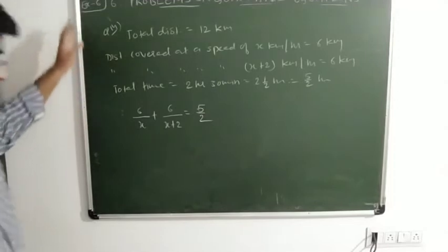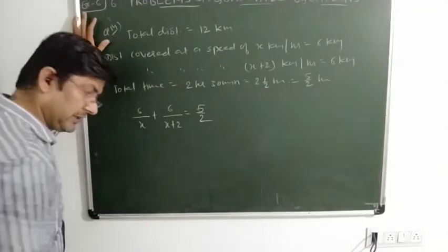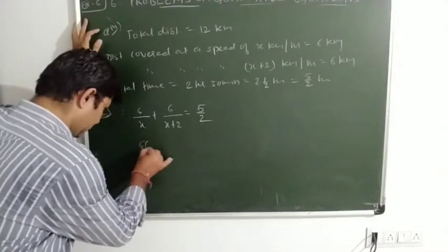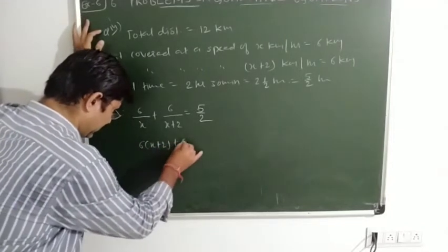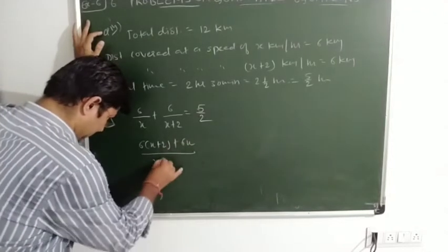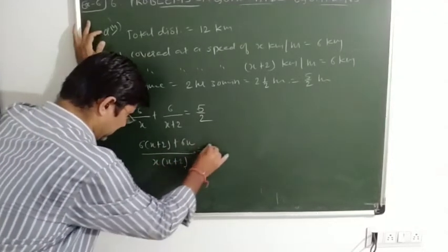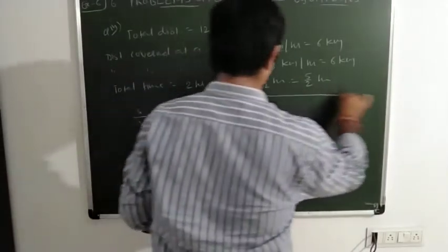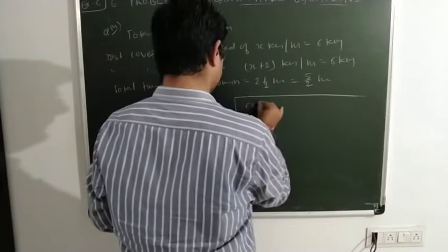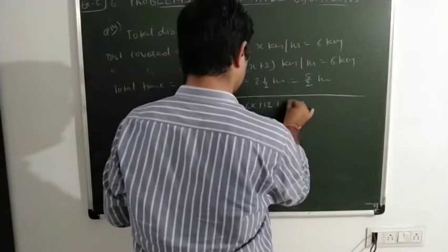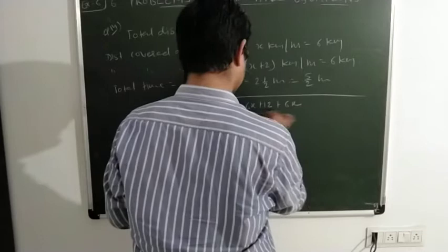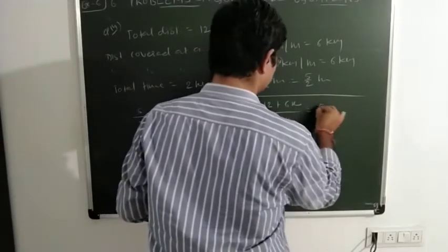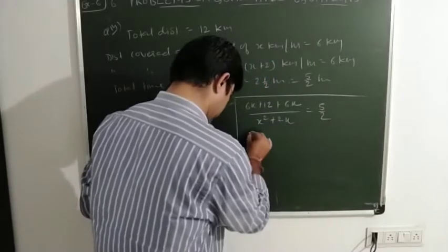Now this is an equation we will simplify to get a quadratic equation. So 6 into x plus 2 plus 6x upon x into x plus 2 is equal to 5 upon 2. Therefore 6x plus 12 plus 6x upon x square plus 2x is equal to 5 upon 2.